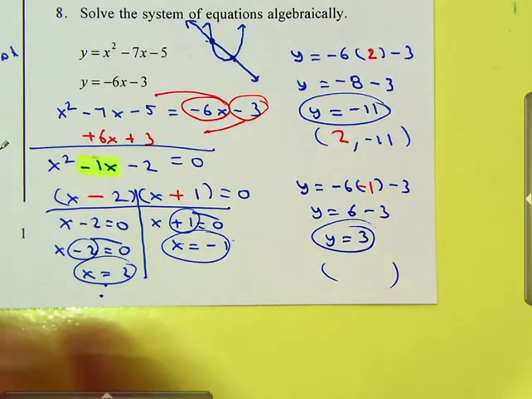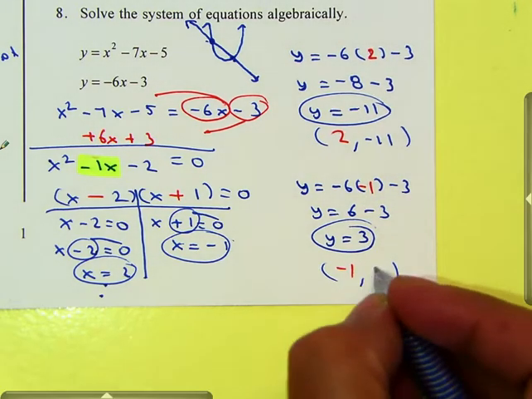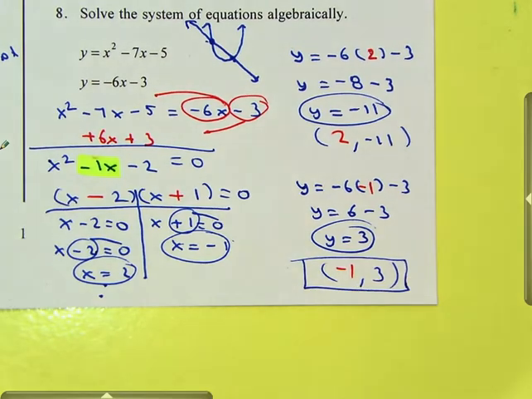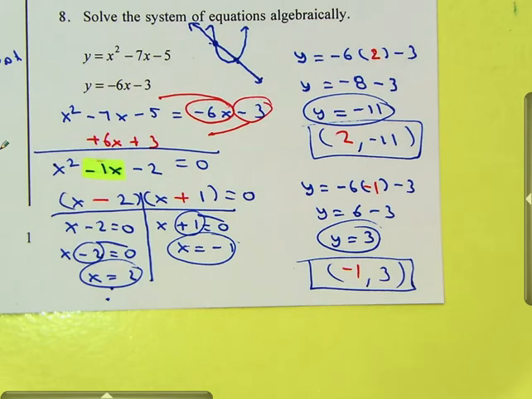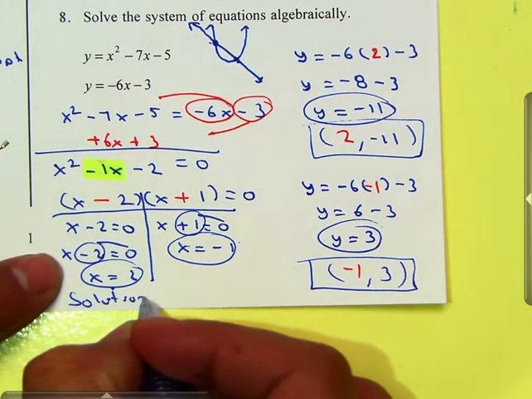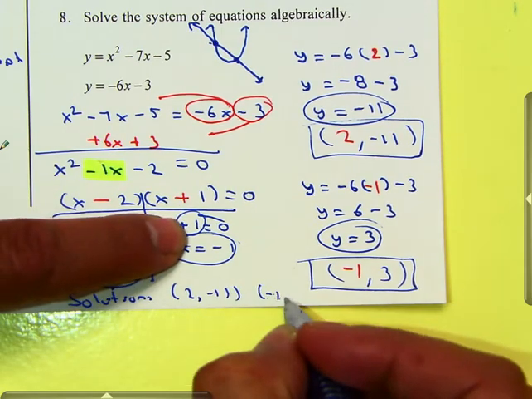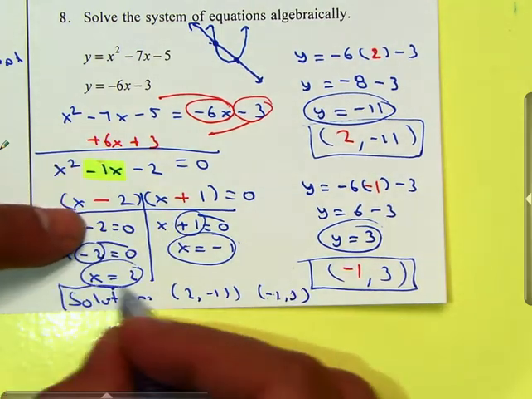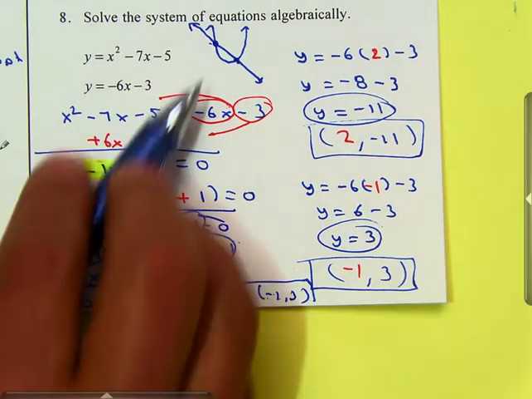My second intersection, my x value is negative 1, and my y value is 3. Now remember that your solutions are those 2 points, 2, negative 11, and negative 1, 3. And you have to give me this at the very end so I can find your answers. Remember, it has to be 2 points of intersection.